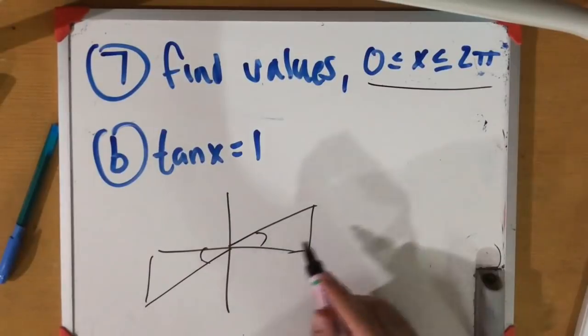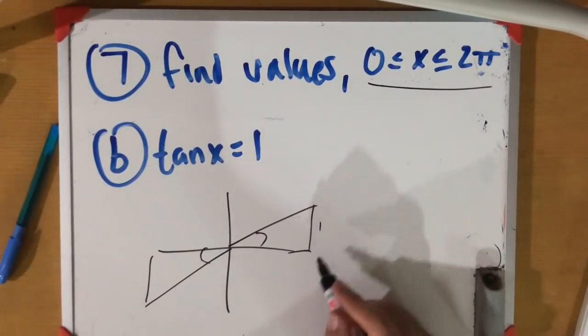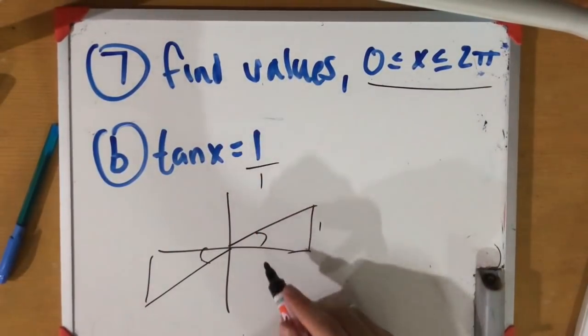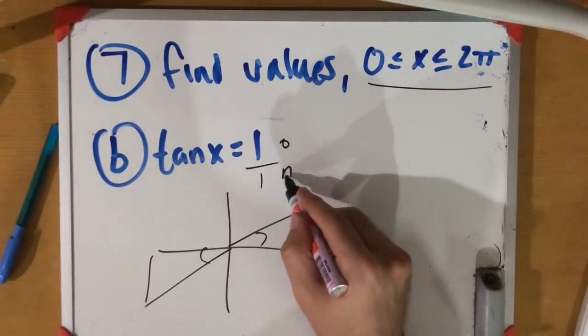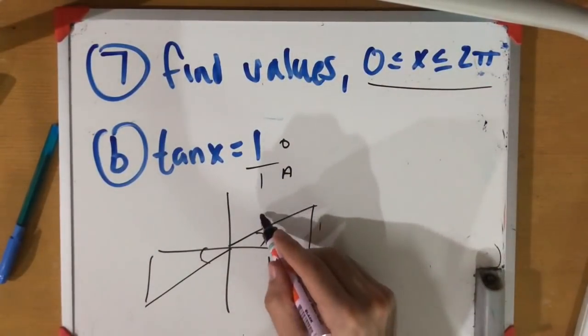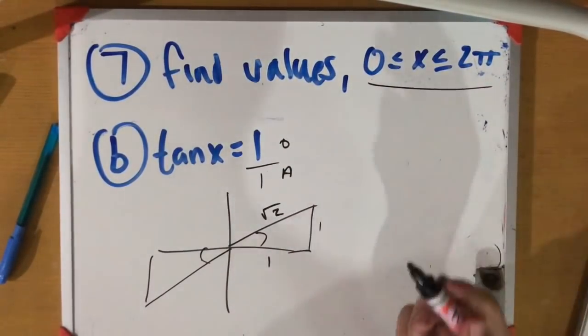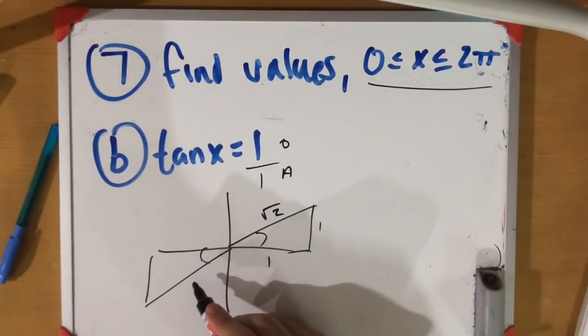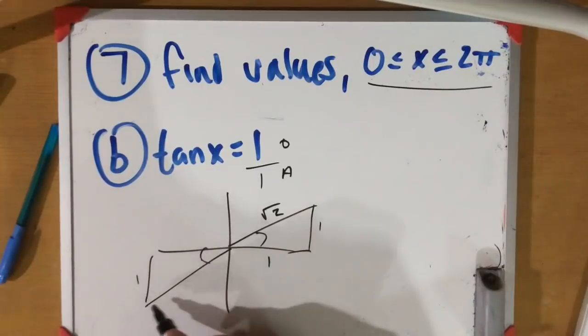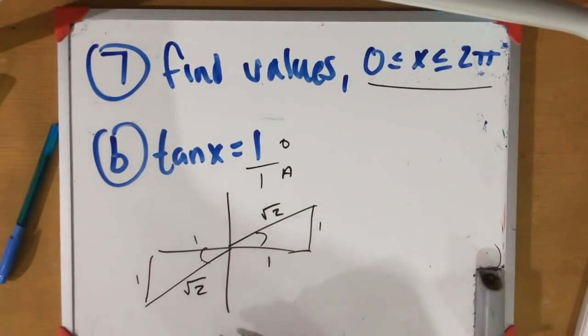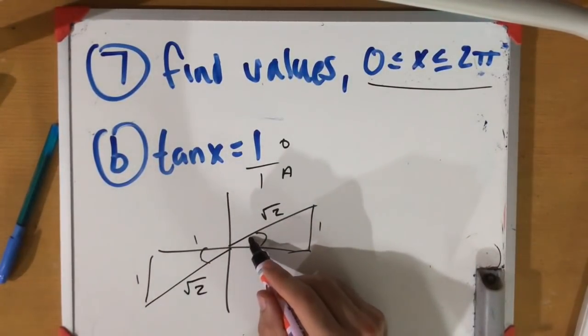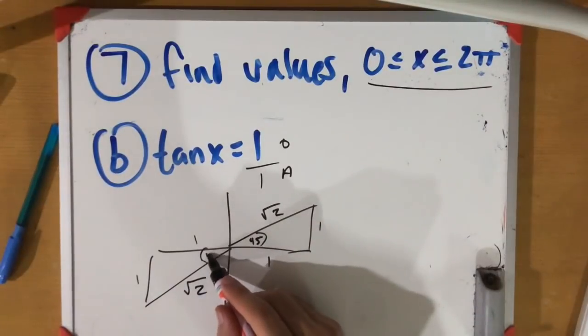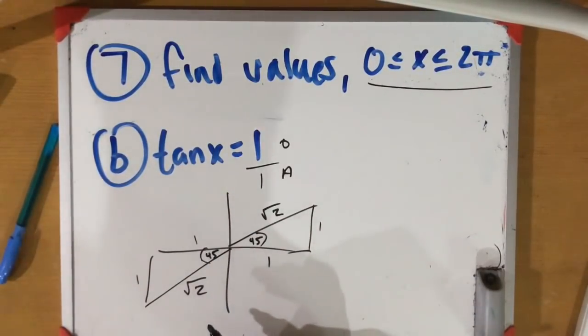So what we're trying to find out is this angle and this angle. When it comes to this angle, we have opposite over adjacent, 1 over 1, and this would be square root of 2 because naturally this looks like a special right triangle, 45, 45, 90. Again, this would be 1, 1, square root of 2. So we have base angles of 45, or alpha of 45.